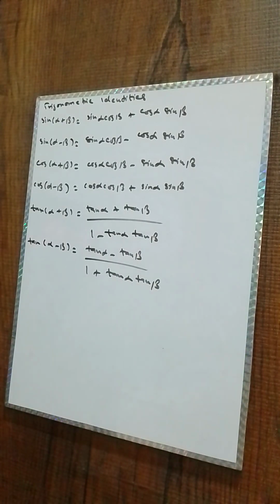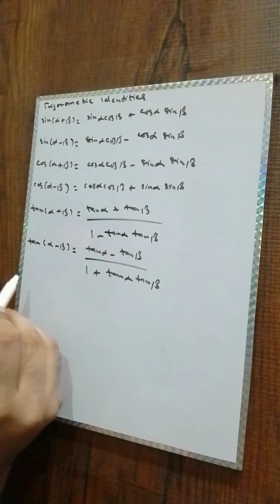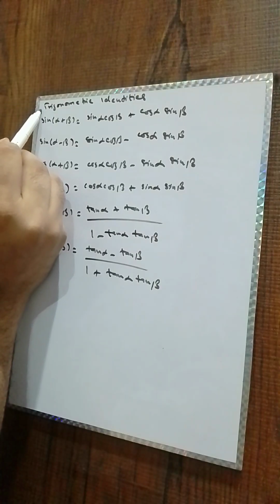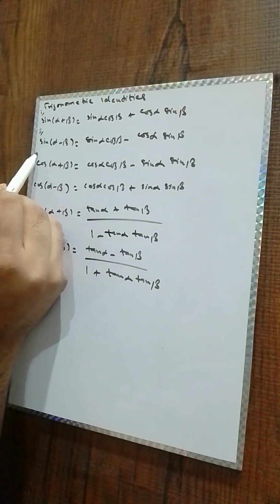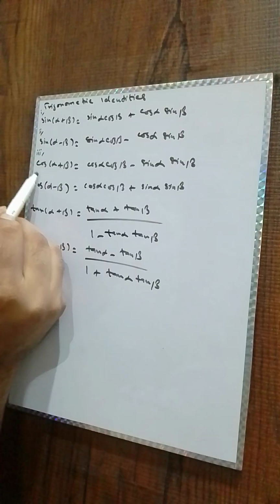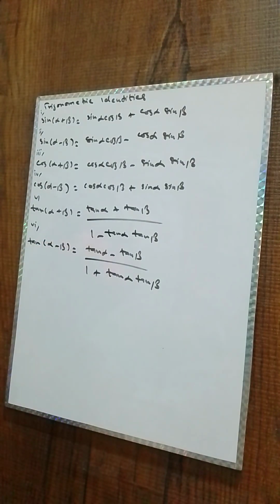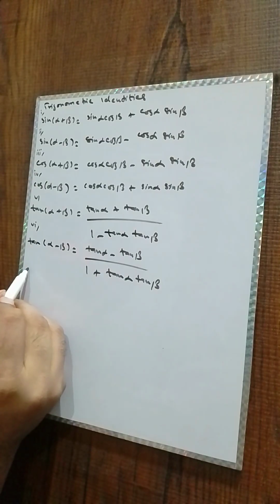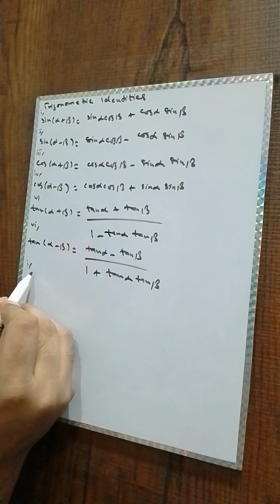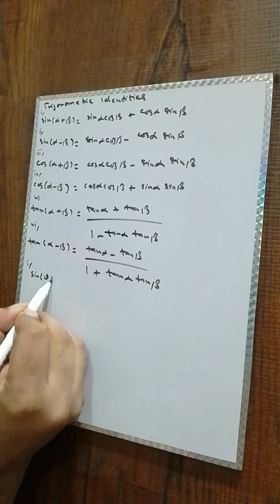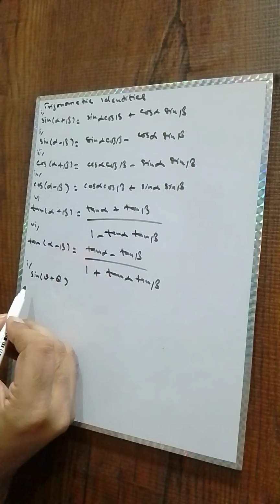We resume and look further into the trigonometric identities. For example, we take the first one, which is here, and the second one, the third one, the fourth one, the fifth one, and the sixth one. Okay, so we take the first one and we do something like this: sine theta plus theta.